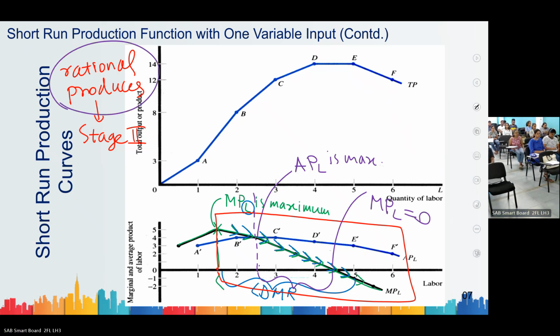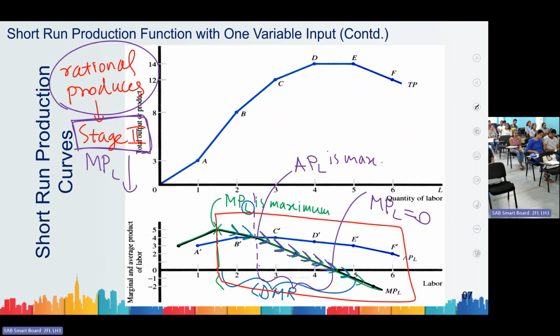Over this range of stage 2, how does MPL behave? MPL is declining.